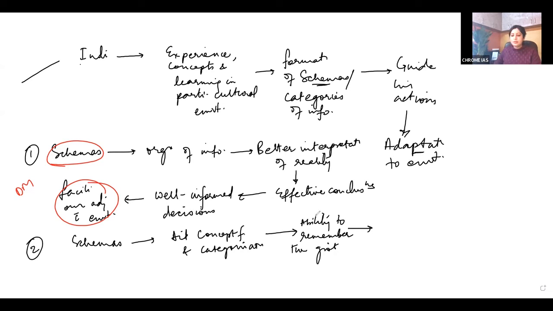What will it lead to? Cognitive economy. That will finally lead to enhanced performance.